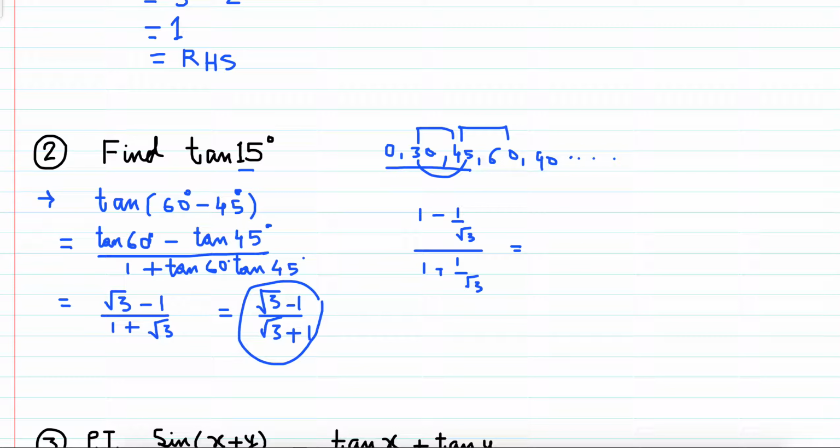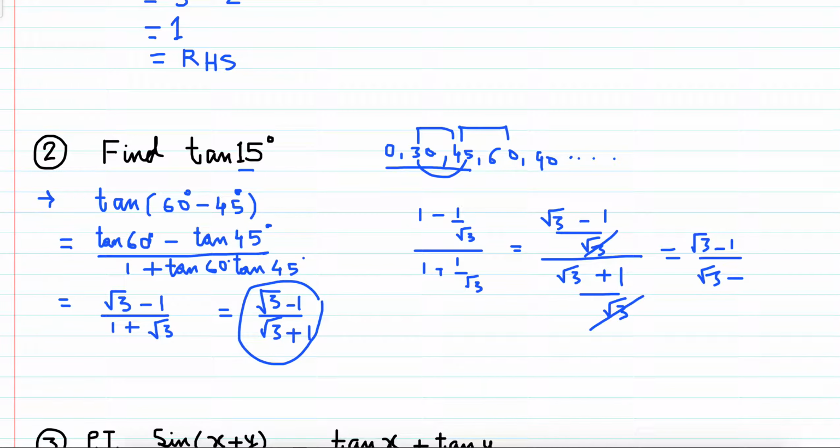So this will be root 3 minus 1 divided by root 3 in the numerator, and the denominator root 3 plus 1 divided by root 3. So root 3 will get cancelled, and we will be left with root 3 minus 1 divided by root 3 plus 1. So whatever value we pick, we will get the same answer.